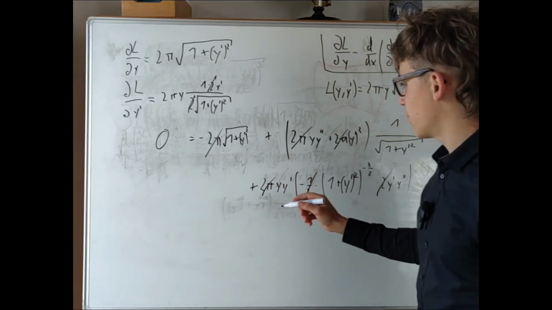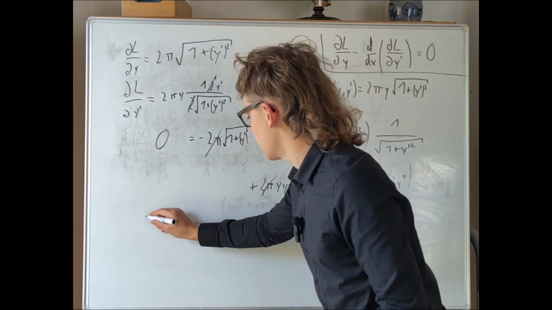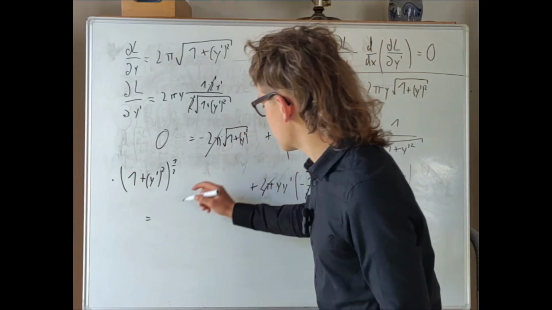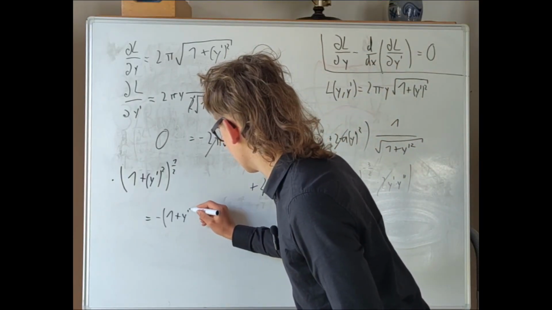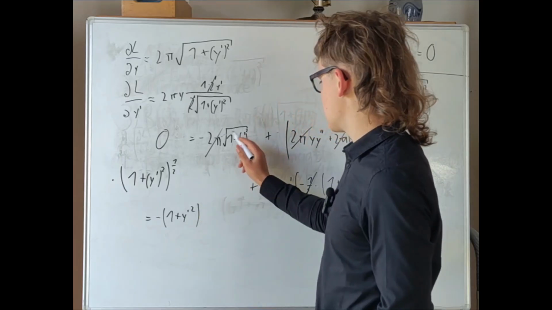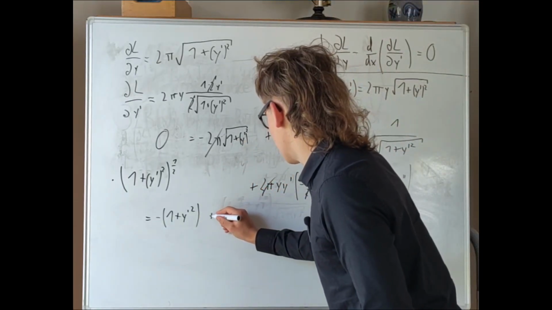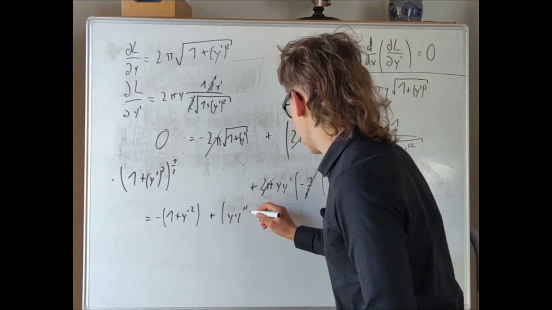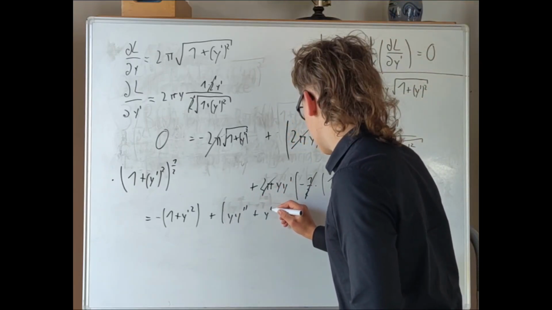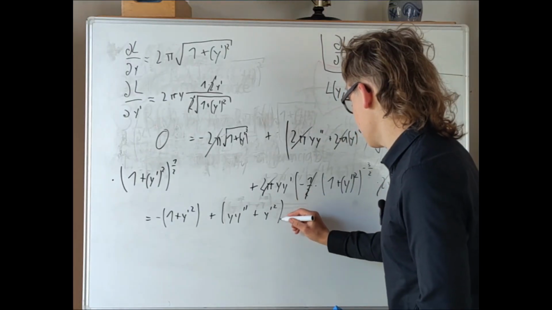So let's rewrite this. We multiply everybody by exactly this square root. So this will be equal to negative 1 plus y prime squared, since this square root squared is just right. Then what's left inside is y prime prime plus y prime squared, and this just gets erased completely.